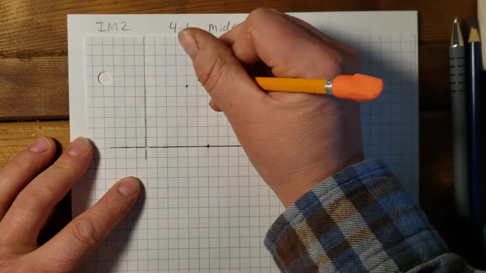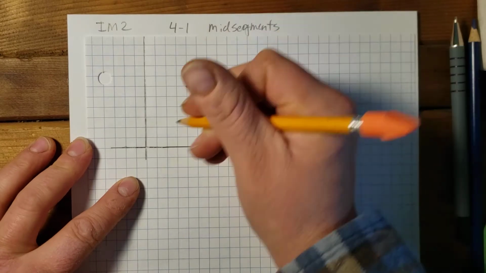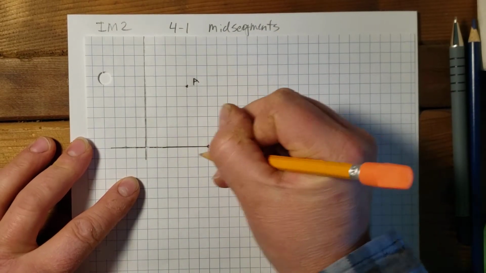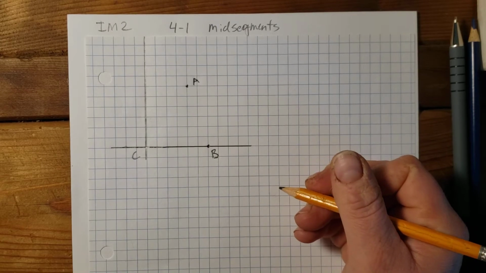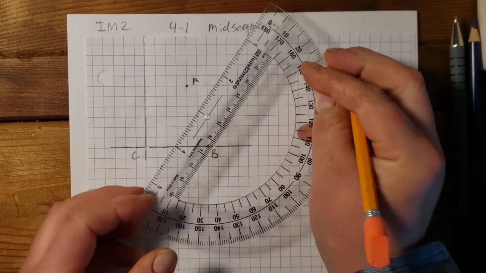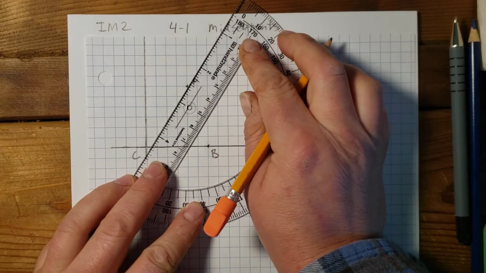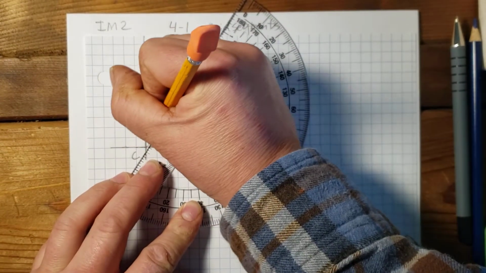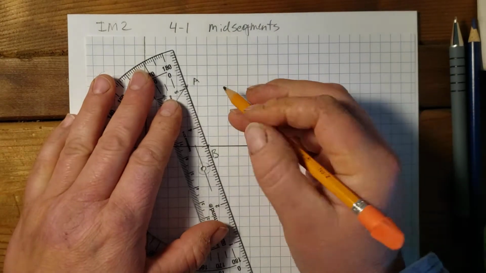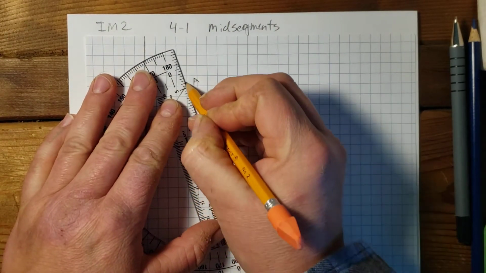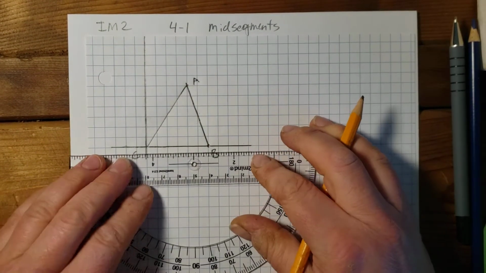All right, so I'm making a triangle here and I'm calling it A, B, and C. I have laid this triangle on its side and we are going to go ahead and draw it out. This is a triangle that's actually found in your book, so I am literally just copying the triangle.